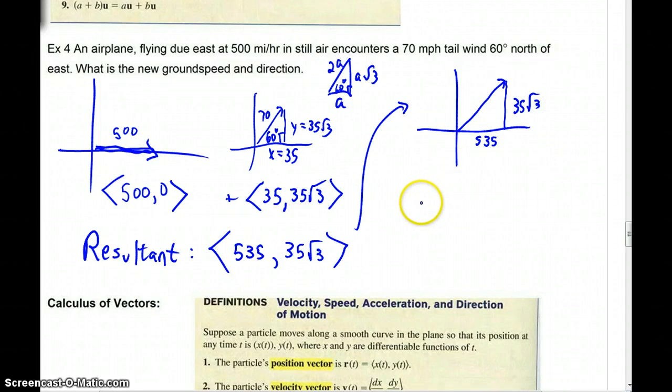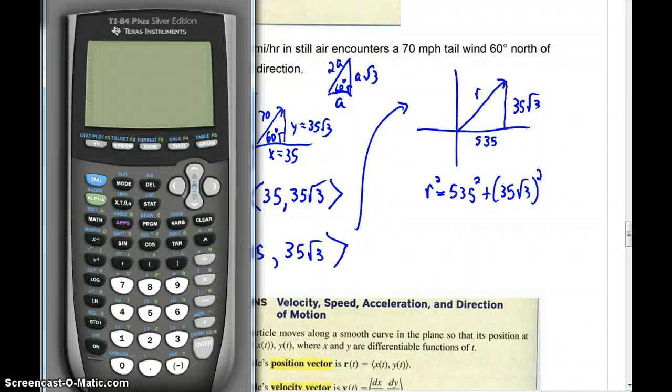What's our new ground speed? Well, our new ground speed, you could call that r up here. We can use the Pythagorean theorem. 535 squared plus 35 root 3, squaring that, and then we could certainly let the calculator come to our assistance.